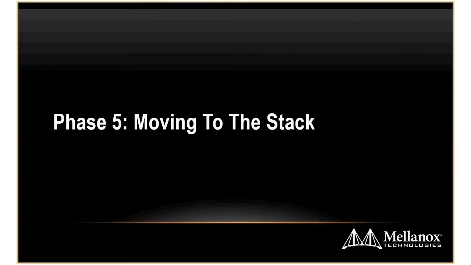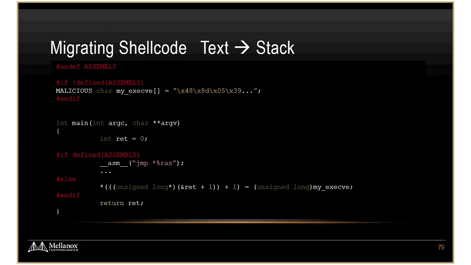So let's continue. Ultimately I'm not going to want to execute from within the text section. I did this mainly for development, continuously looking at the main stack frame to see that things are as you expect, and you don't want to dirty it with this big myexecve buffer, so I moved it out of the stack.